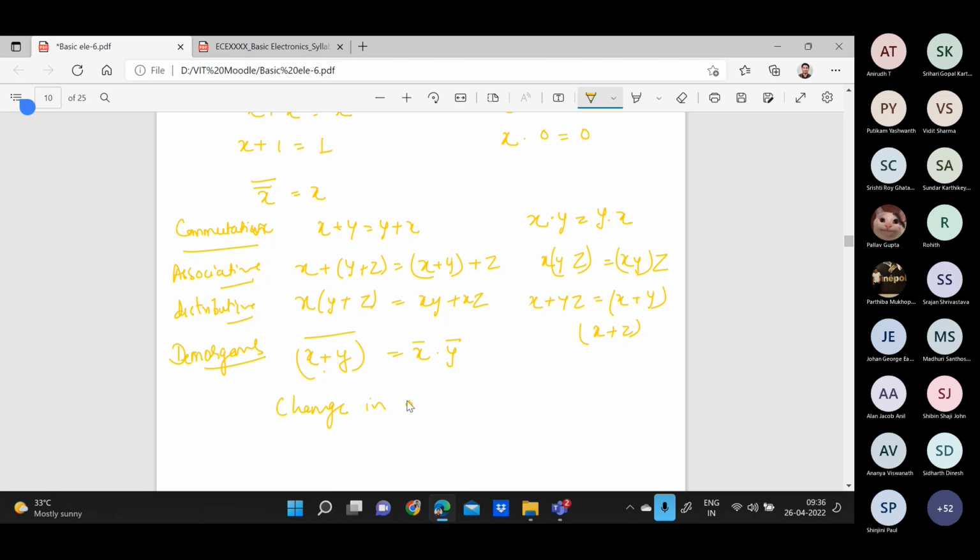Change in operator and complement of each literal. That means I am taking the complement of each literal. X plus Y was there, so I took X bar, Y bar. And the change in the operator, that means it was plus, so now it will be dot. Same thing here, XY the whole bar will be equal to X bar plus Y bar.